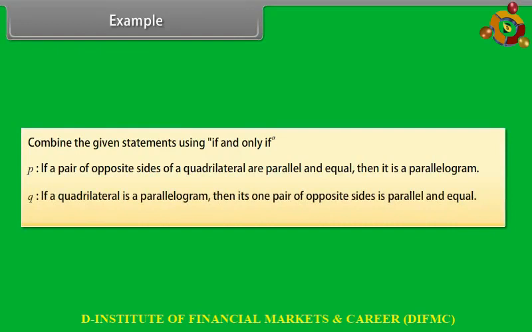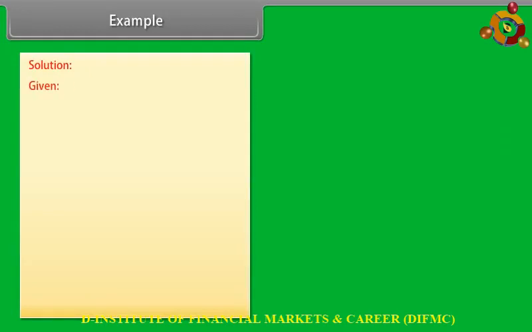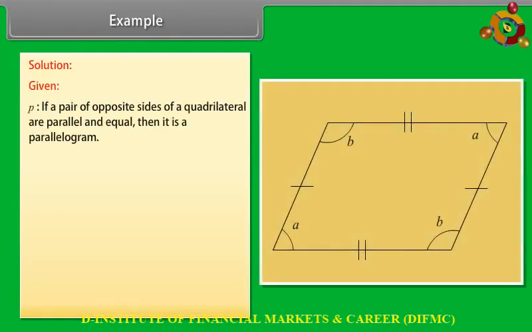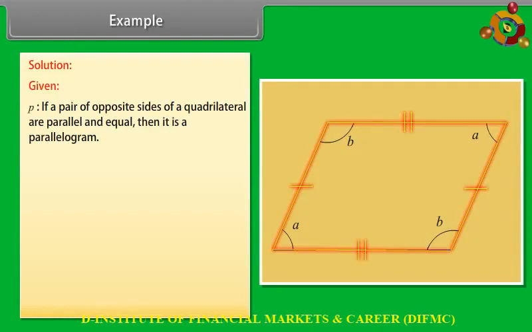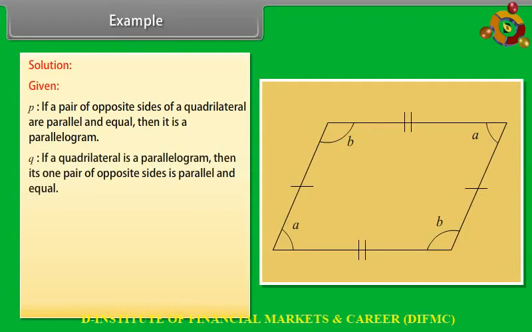Q is a statement that if a quadrilateral is a parallelogram, then its one pair of opposite sides is parallel and equal. Solution. Given: P and Q as stated.